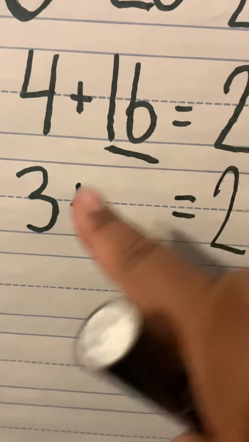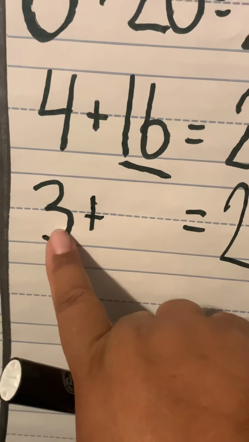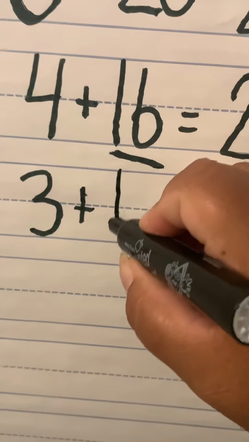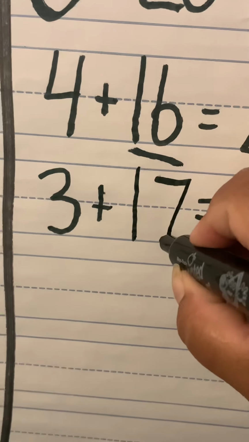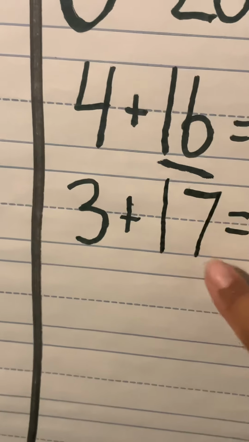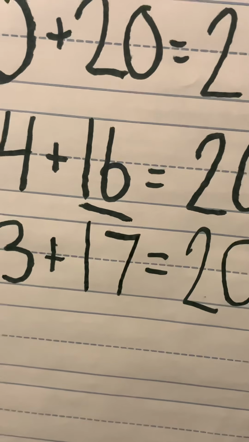They're very, very similar. And I can look and say, well, if there is 1 less over here, I can put 1 more over here, and that makes 17. And I also know that if 3 plus 7 is 10, then 3 plus 17 must equal 20.